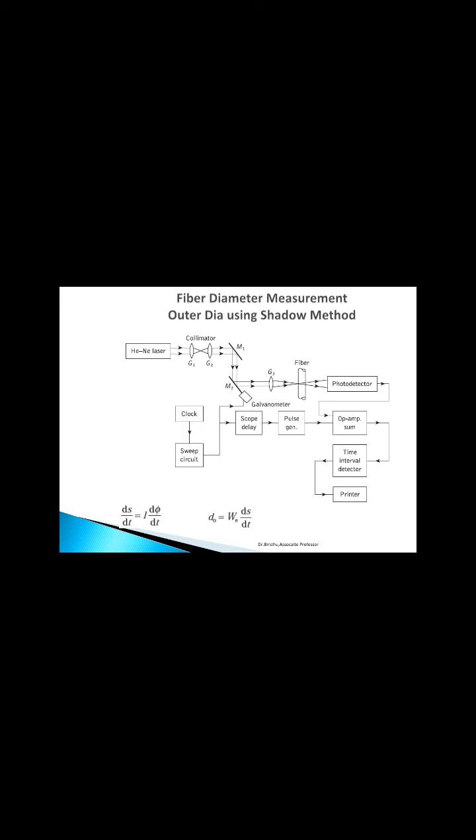In that way you can calculate the diameter of the fiber, using the two equations given at the bottom. ds by dt is equal to I into d by dt. So ds by dt is related to the fiber diameter measurement, and d naught is equal to ds by dt. Now you need to know what all these parameters say.